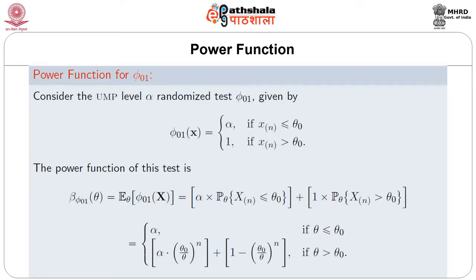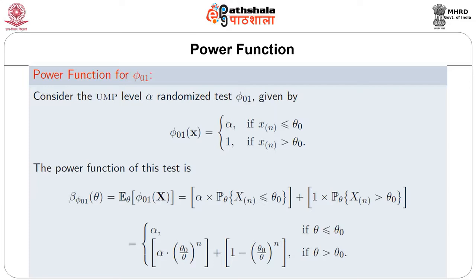So if theta is less than or equal to theta naught, the power function is alpha, and if theta is greater than theta naught, then theta naught plays the role of a. So the probability that x order n is less than or equal to theta naught is (theta naught by theta) to the power n.